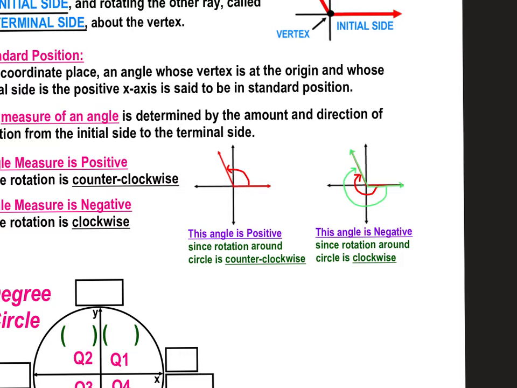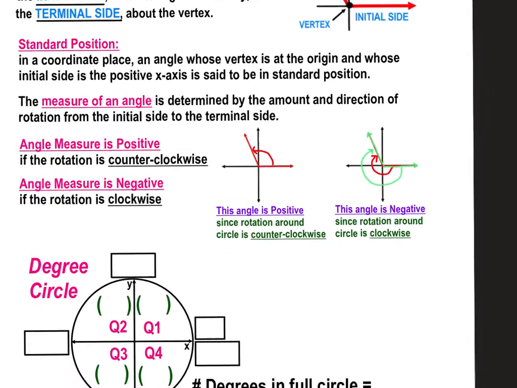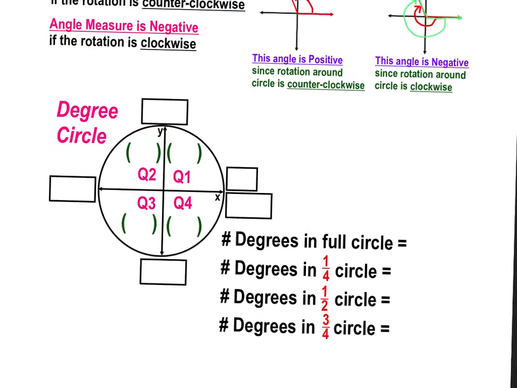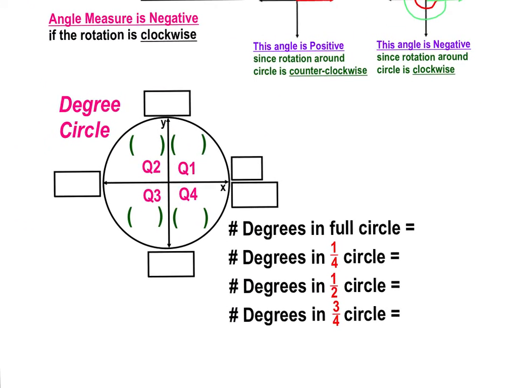So let's talk about degrees and measures here. Let's move down to this circle on the lower portion of this page, and we're going to break this up into degrees, and then later on we're going to break this up into radians, so we get a nice solid foundation of the circle in degrees first. We always want to start at 0 degrees, at our initial side. Our rays are lined up here, and they're going to be opening upwards.